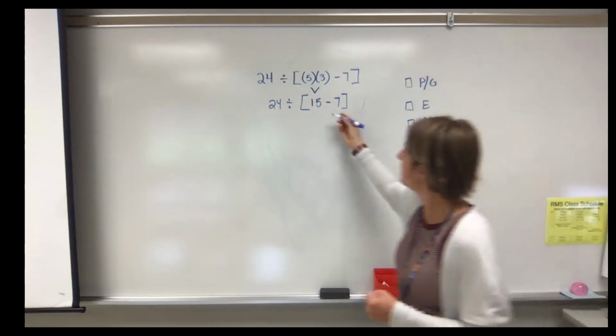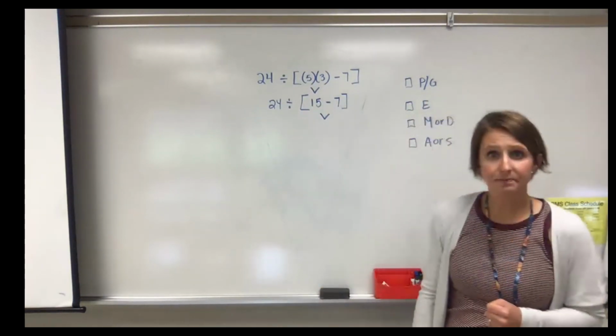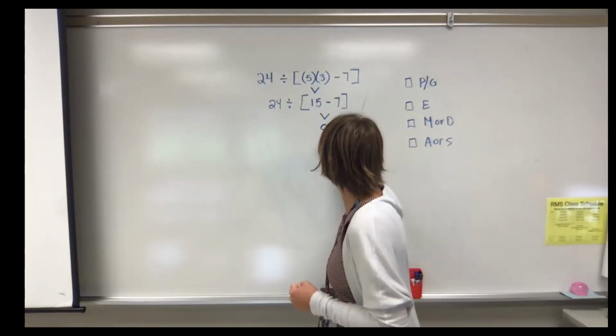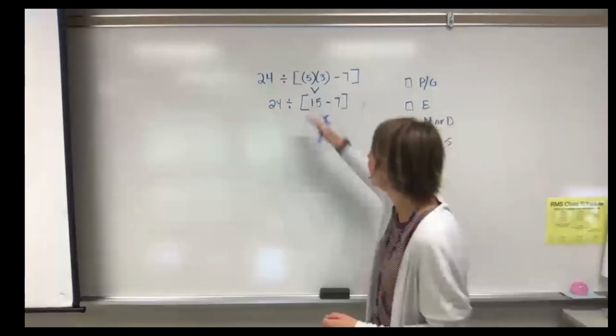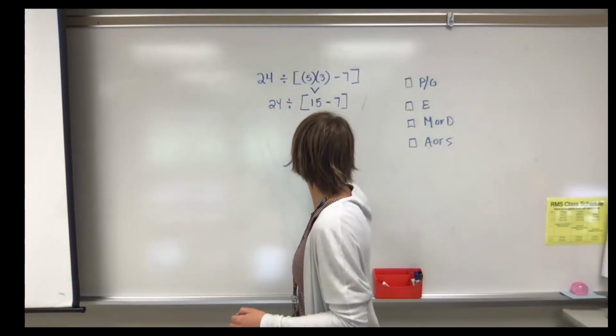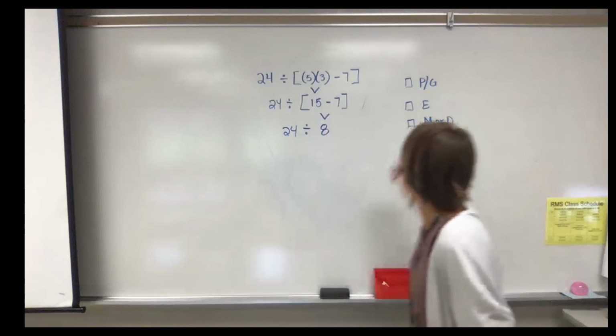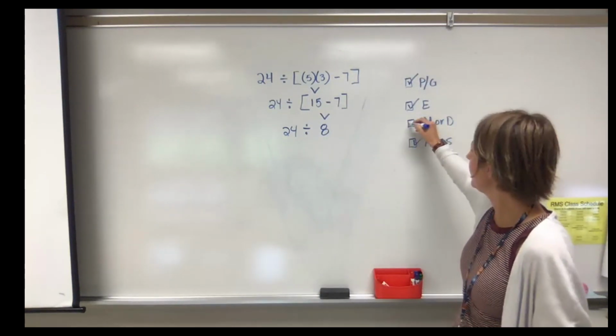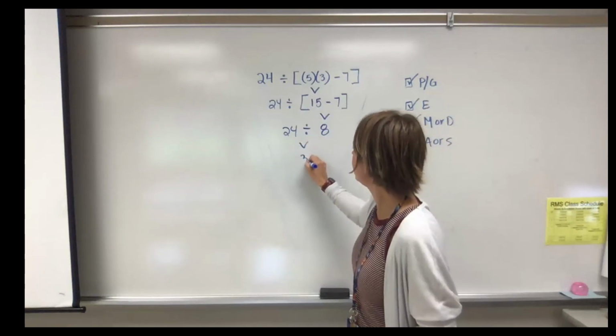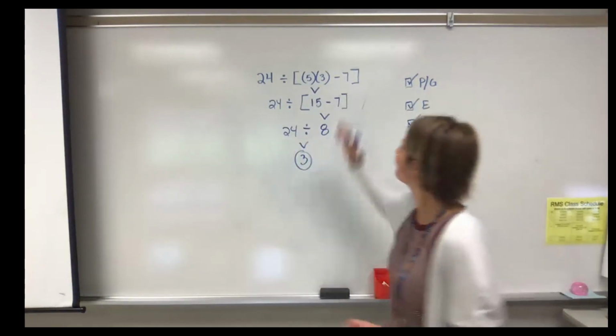I haven't checked that off yet. 15 minus 7, 8. Now do my grouping symbols come off? Those brackets come off because you took care of everything inside of them. Can check that off. I didn't have exponents. I only have division left. 24 divided by 8, 3.